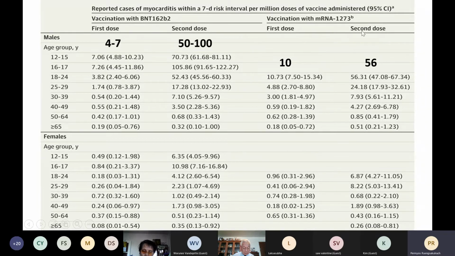And on the right side is for Moderna. The first dose is about 10 in a million, and the second dose is about 56 per million. Okay, for female kid is less. Okay, it's between 0.2 to 10, like something like that.